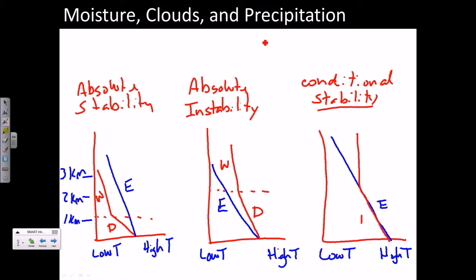So the dry rate in this case lines up with the environmental lapse rate, and so it means the temperatures are the same. The decrease in temperature with changing elevation is the same between the environmental lapse rate and the dry lapse rate. But then the wet rate is going to leave us with a different temperature. So this is the condensation level right here, right?